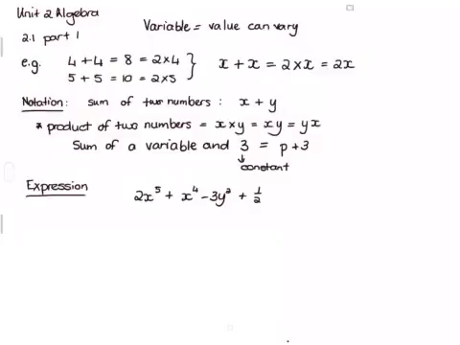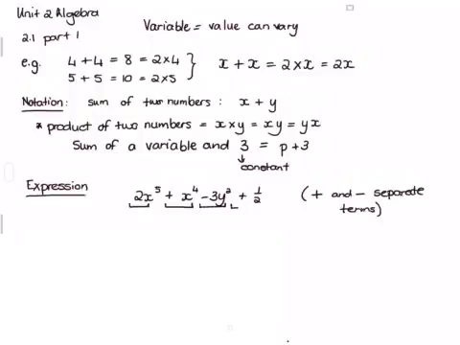First of all, this expression consists of terms. Plus and minus separate terms. And these things are important for when you start doing operations with algebra. So this is a term. The next term, we must always remember to keep its sign with it.